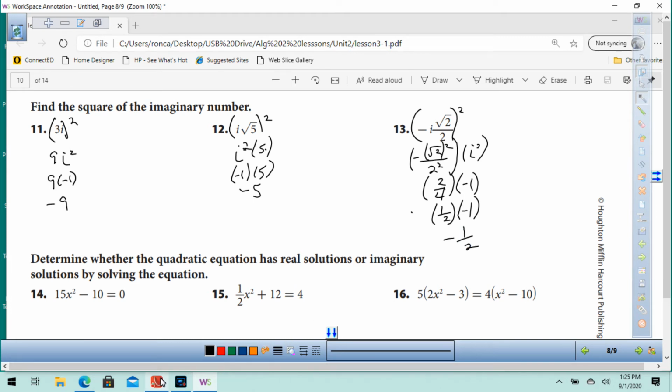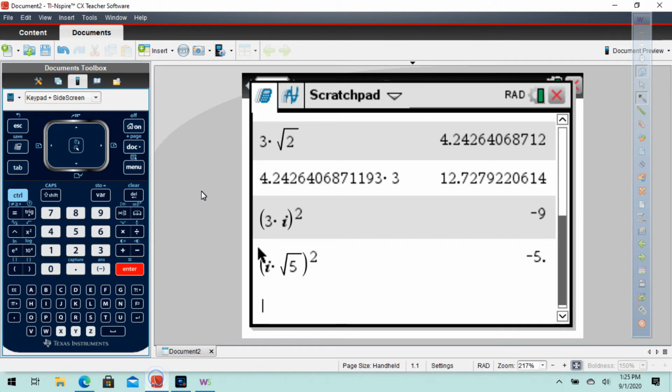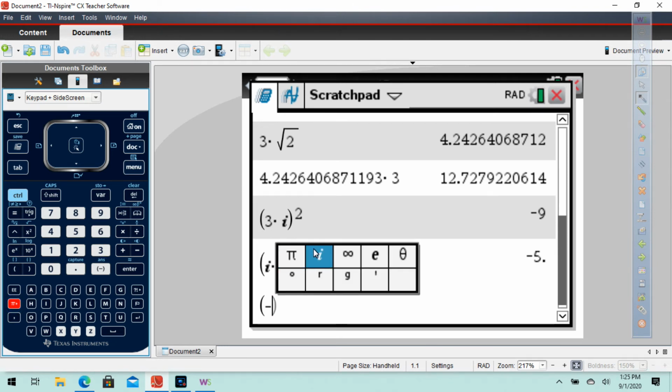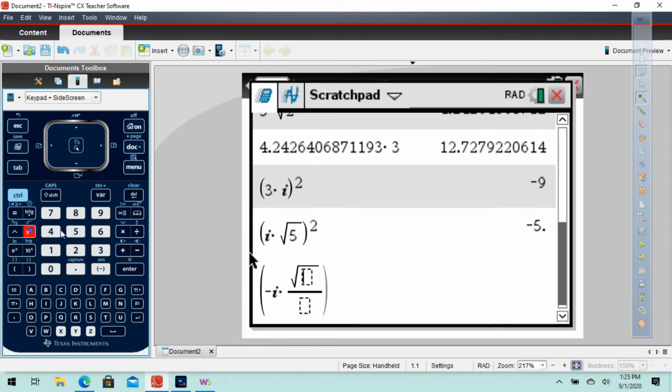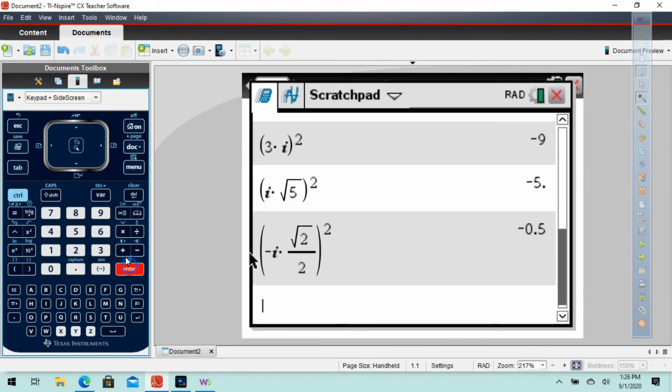There's an awful lot going on in there. Let's try that in our calculator. Open parentheses, and we've got -I times, and that was control divide, the square root of 2 over 2, and then we're going to square that. -1/2.